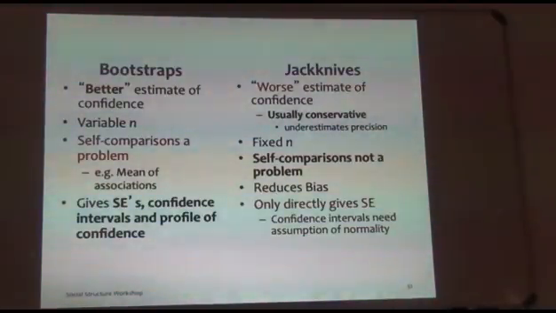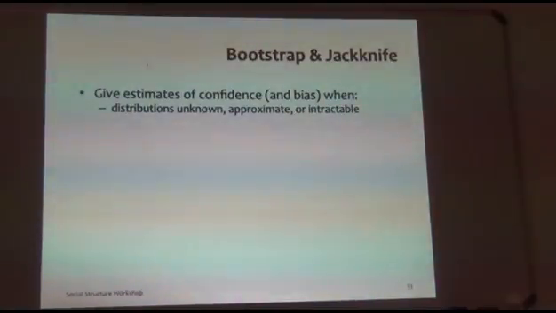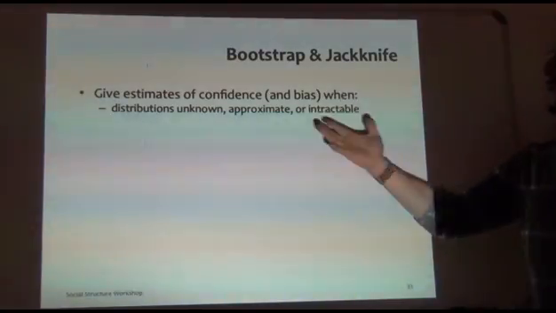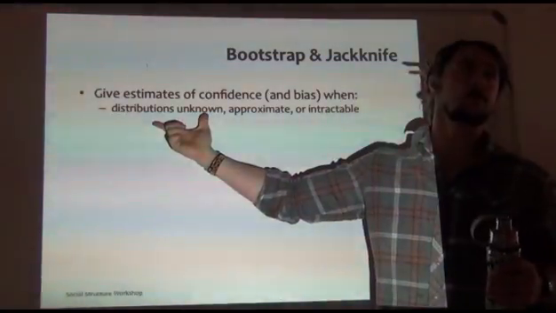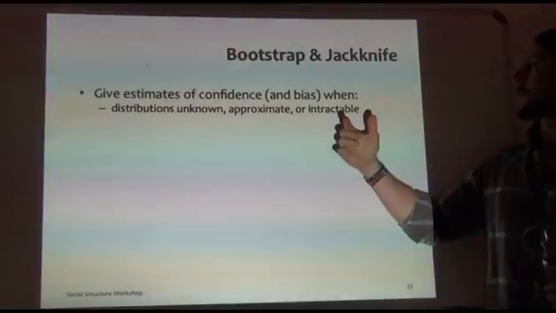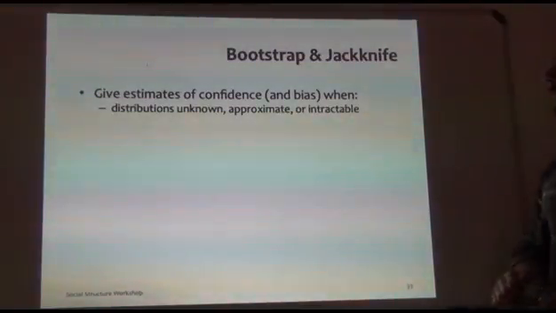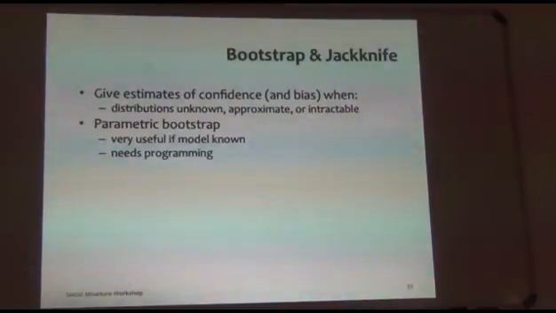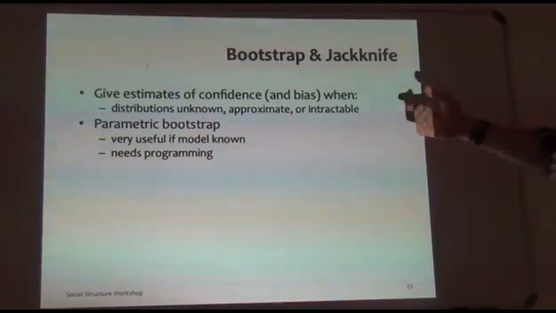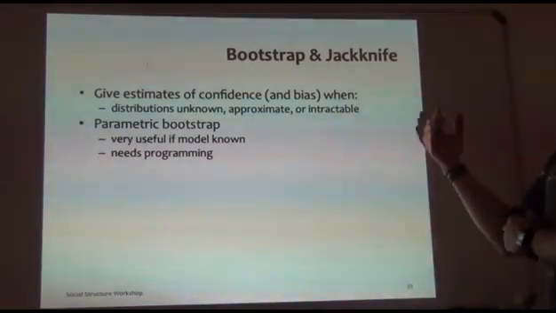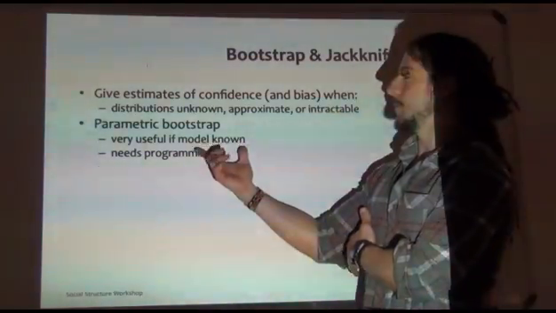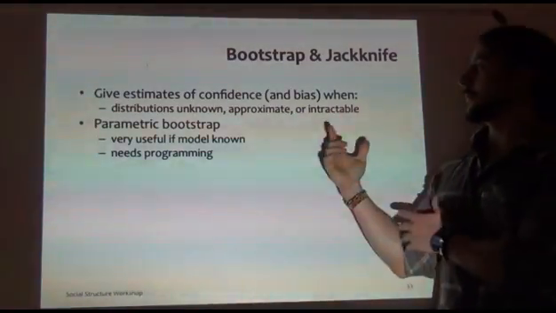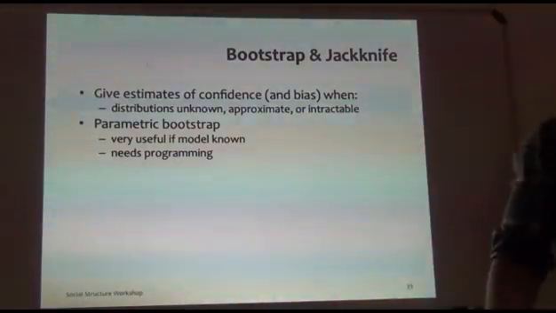Both of them will give us estimates and bias of a given metric when you don't know the real distribution, or this distribution is too approximate or impossible to relate to. I showed you the non-parametric bootstrap. The parametric bootstrap is very useful if you know the model, but it needs a lot of programming.